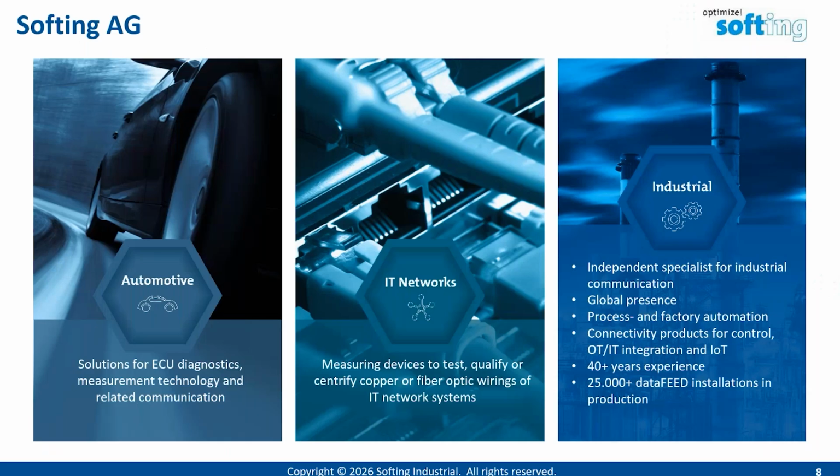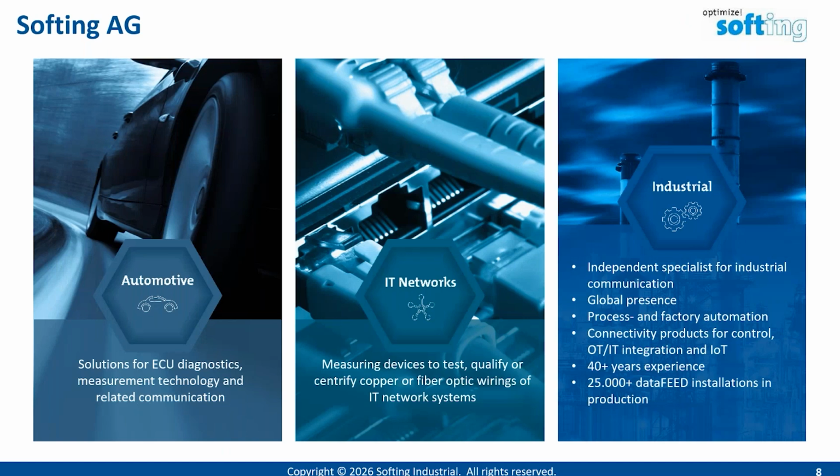Yeah, thank you, Tobias. Okay, I guess most of you know Softing, but some of you may not, so give me 30 seconds to speak about the company. We are a mid-size company from Germany, 400 employees in total, headquartered near Munich. Underneath the holding structure, Softing AG, there are 3 bigger business units.